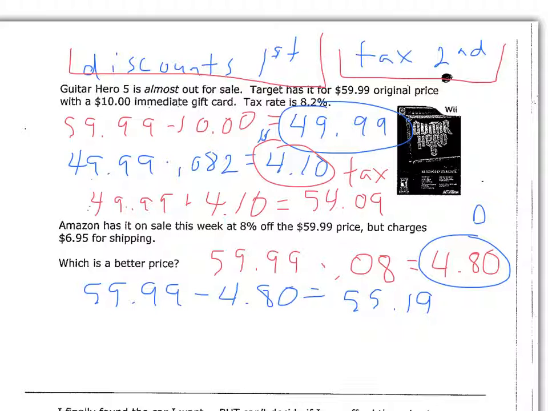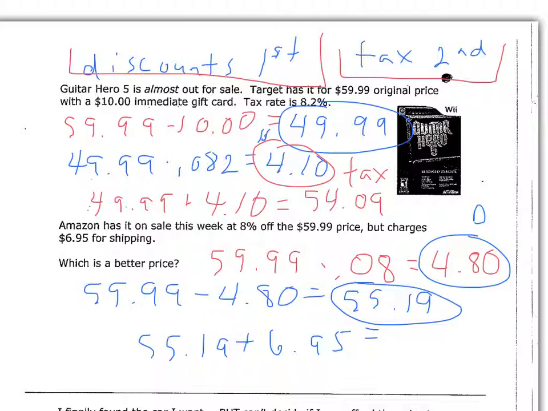Okay, so there's your total price, but they want you to go ahead and pay for shipping. Okay, so we have to take our shipping cost into account, and you know that you're going to pay more for shipping. So you have $55.19, and you're going to add in $6.95 for shipping.